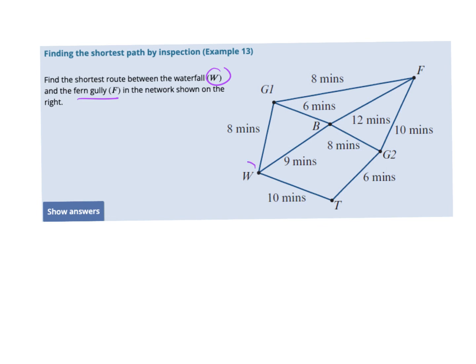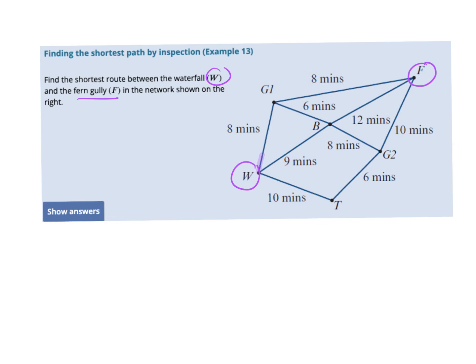Here's the waterfall and here's the fern gully. A method is, you start at the waterfall and look for the smallest road or the smallest time coming out of it. You still have to inspect it, but let's have a look.